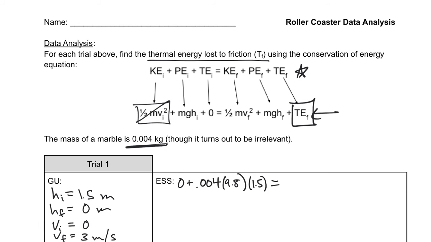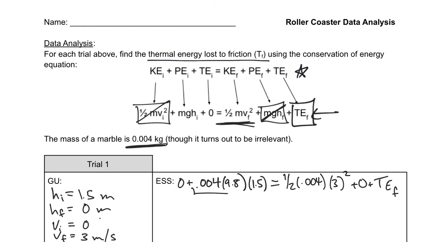And then we get to the final side. You have to do your final kinetic energy, 1/2 times mass, times your final velocity squared, plus mgh, which is probably going to go away to 0 if your height final was 0, but if it's not, you have to include it, plus thermal energy final, which is what you're solving for.